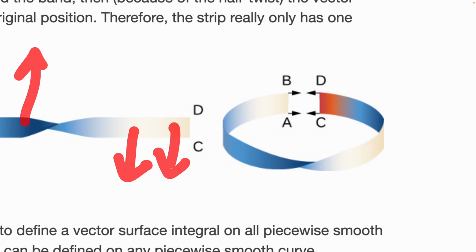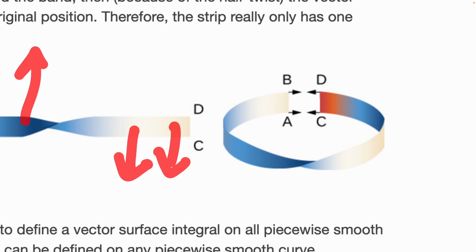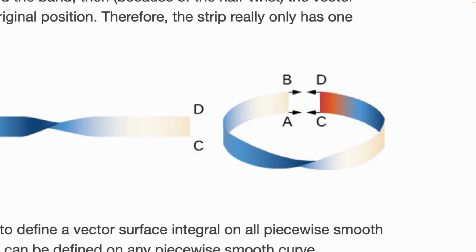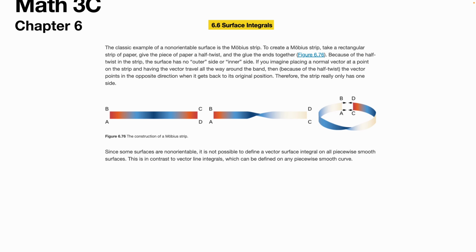And that's what happens in this Mobius strip. In this case, this would be an inward to an outward orientation. That's not continuous. So that's non-orientable. Very nice.